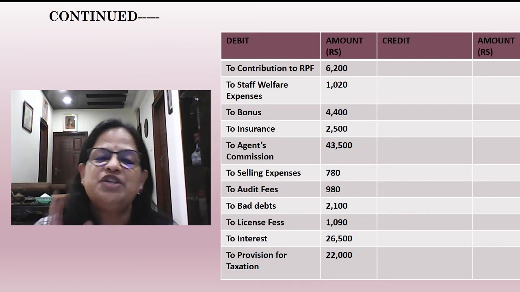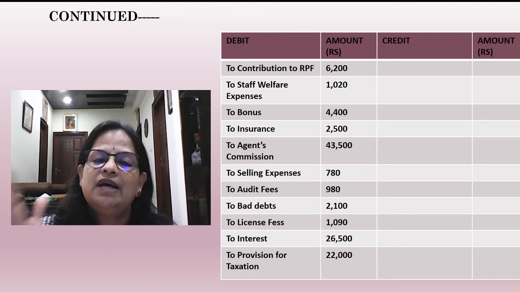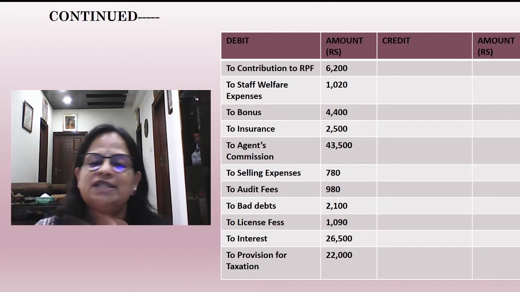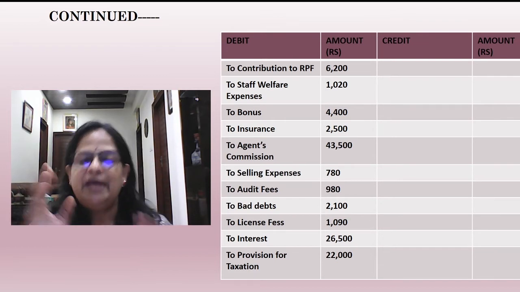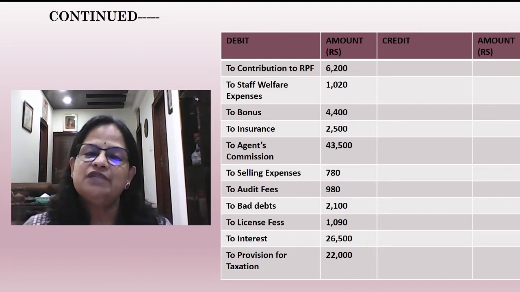It is not mentioned whether it's for personal or for business. Agent's commission allowed as a business expenditure. Selling expenses allowed. Audit fees allowed. Bad debts allowed. License fees allowed. Interest allowed. Provision for taxation not allowed, because any provision, any reserve, is an appropriation of profit. It's an item for the profit and loss appropriation account, not allowed.